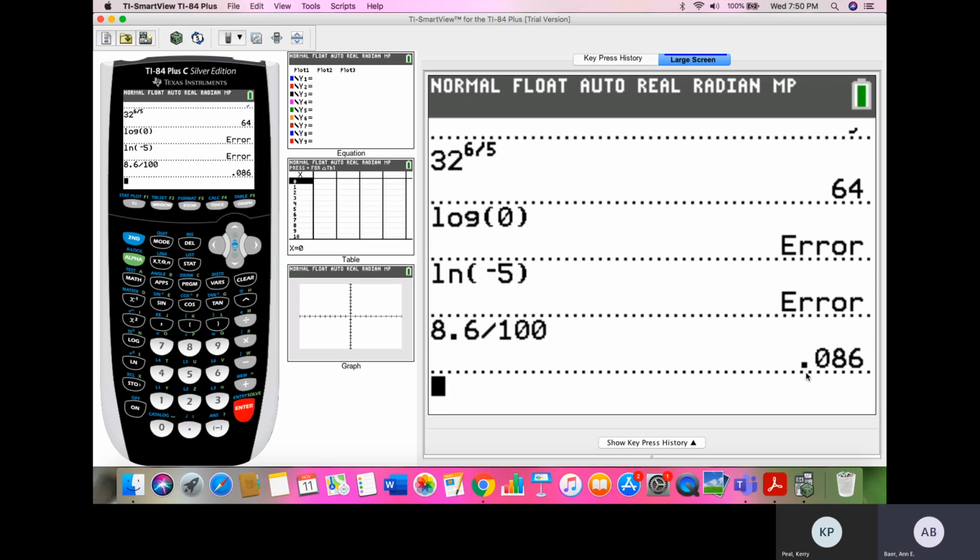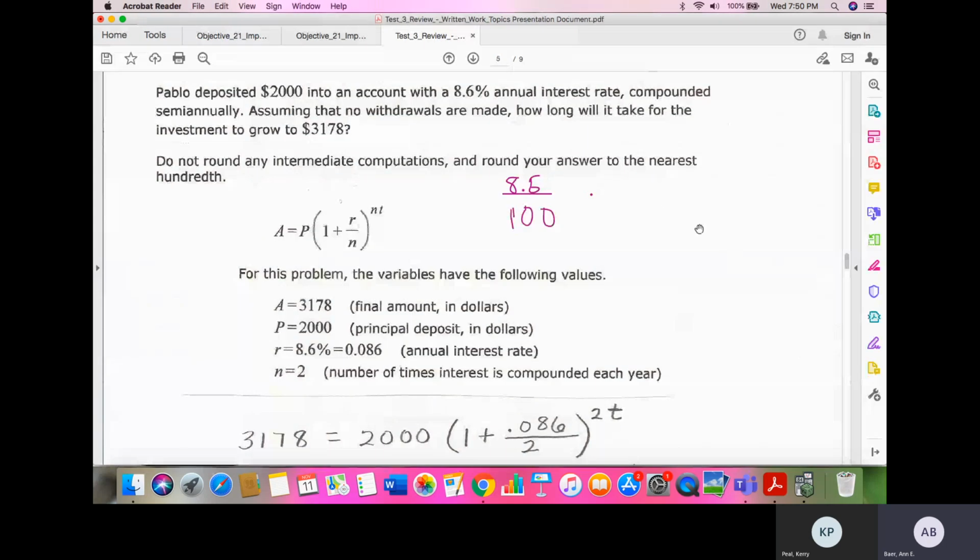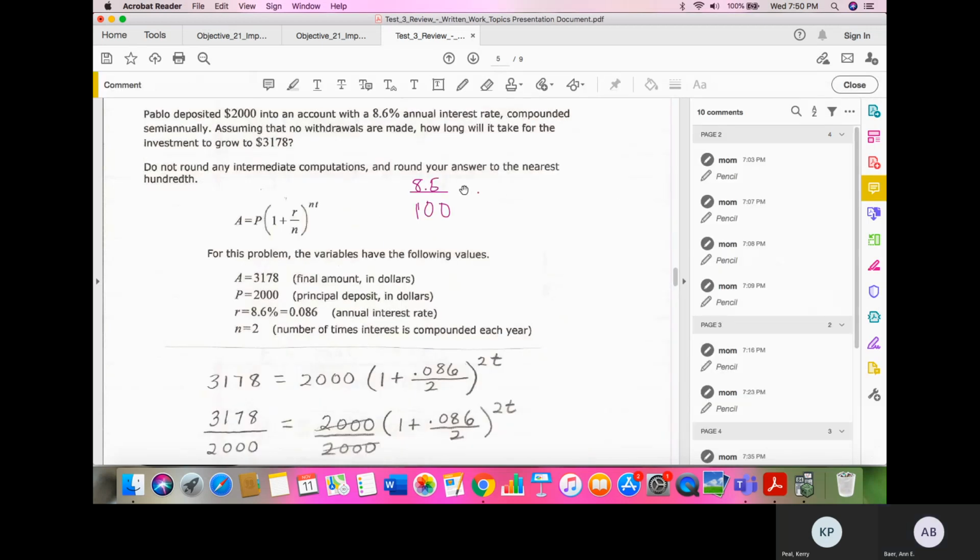And I get 0.086 over here to the right side. So let's go back. Either way, we're going to get 0.086.